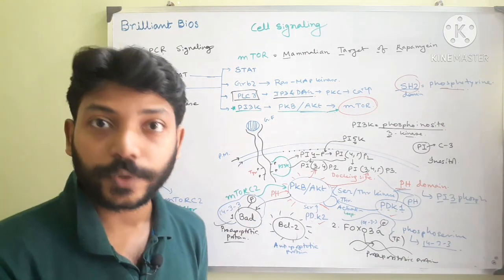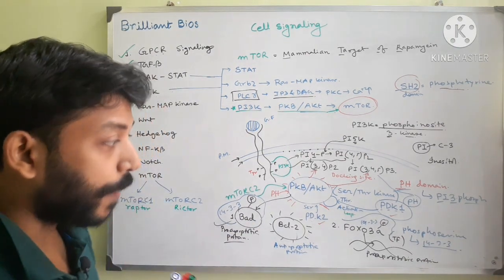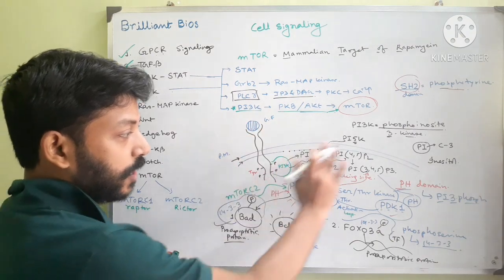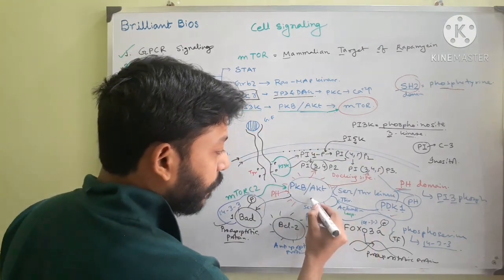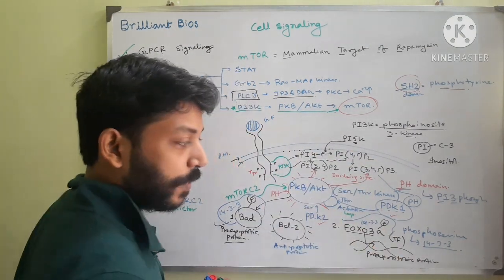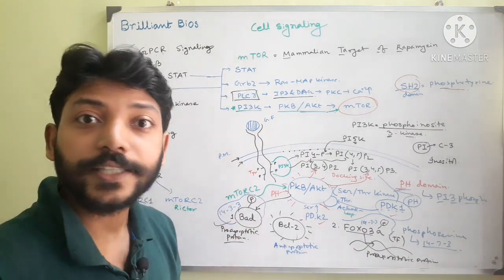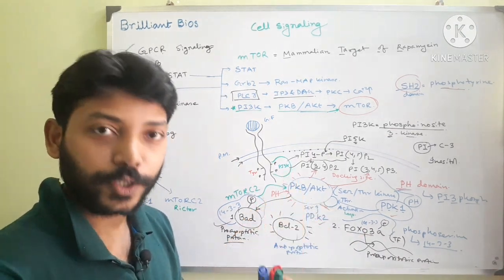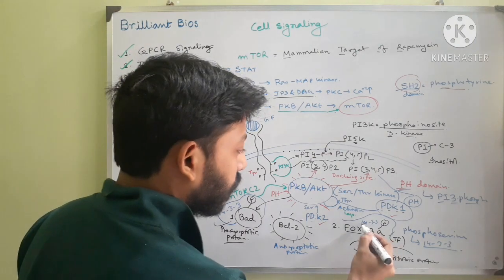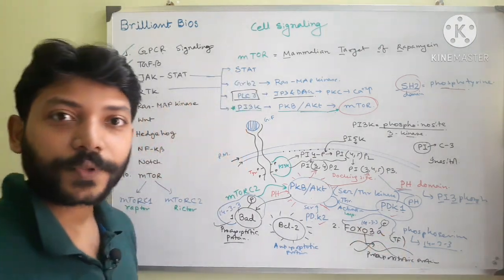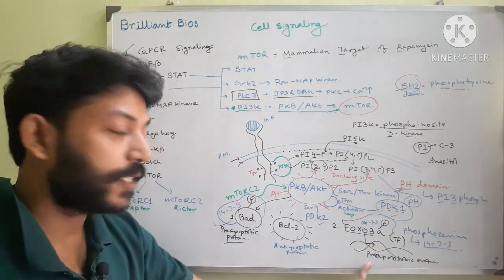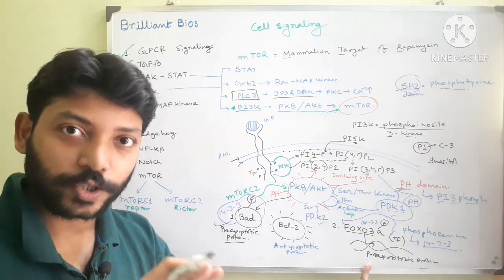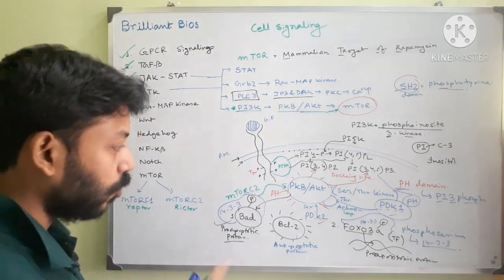So the cell can go into apoptosis. But when growth factor binds, when this chain reaction occurs, PKB phosphorylates FOXO3A. Then FOXO3A can no longer stay in the nucleus. It comes into the cytosol and is captured by the 14-3-3 protein. In this way it controls cell survival. So these are the two ways.